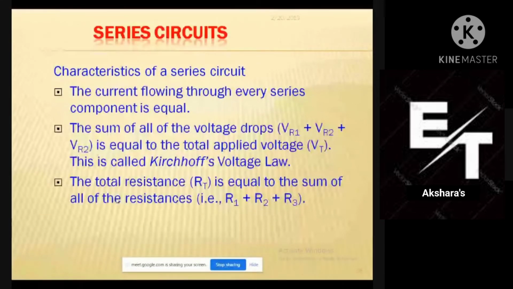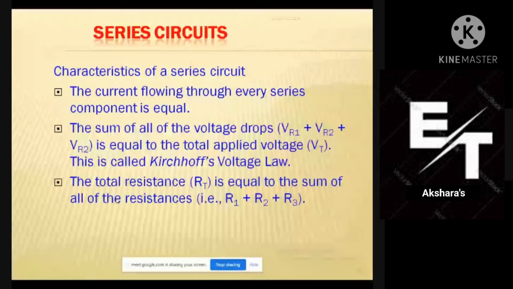That's the first point. And coming to the second point: the sum of all the voltage drops, that is VR1, VR2 and VR3, is equal to the total voltage. What is the total voltage? Vt is the total voltage. Vt equals VR1 plus VR2 plus VR3.